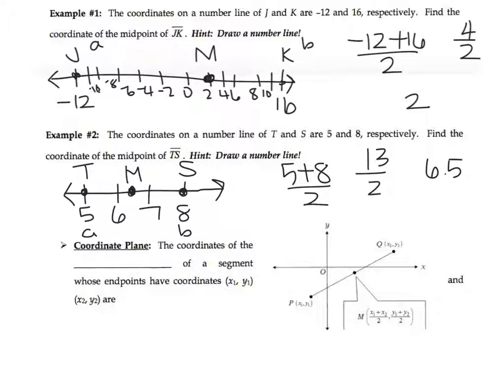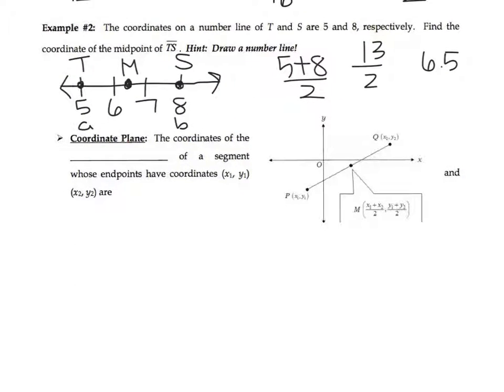So next we have to talk about how to find a midpoint when we graph on the coordinate plane. The coordinates of the midpoint of a segment whose endpoints have coordinates x1, y1, and x2, y2 is given by this formula over here.